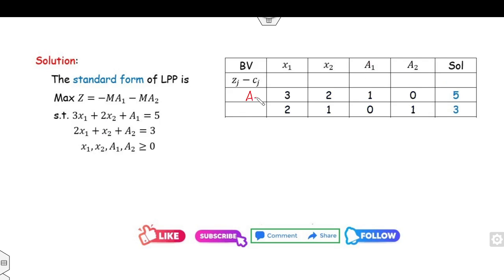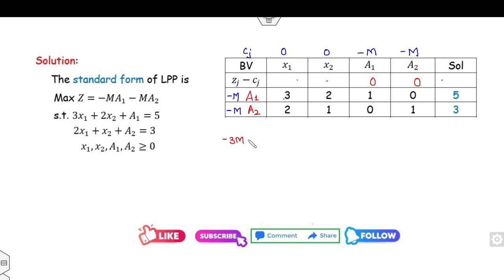Now once you write A1, then you can write the corresponding value of this. This is my minus M. This is my minus M. What is the value for x1? 0, 0, minus M, minus M. And because A1 and A2 are in the basis, this value is definitely 0. Then how can you find these three numbers? You can multiply them.